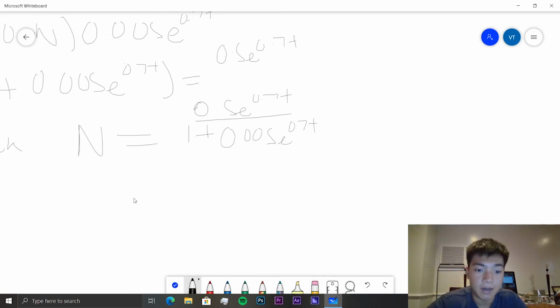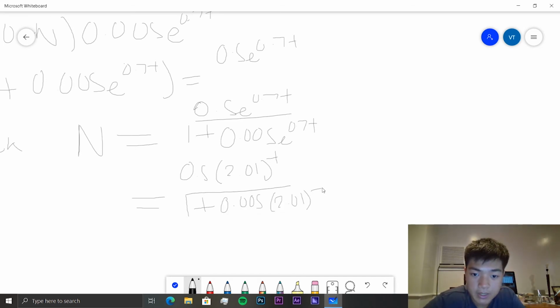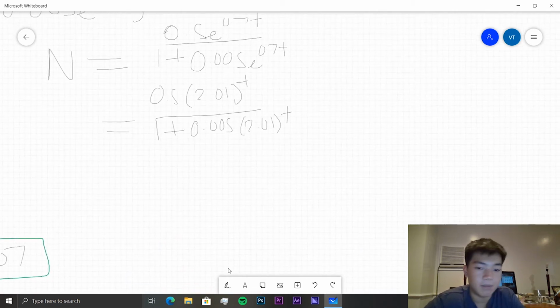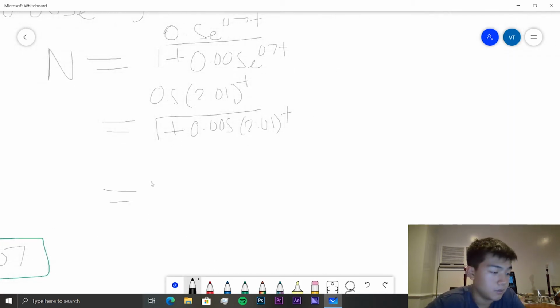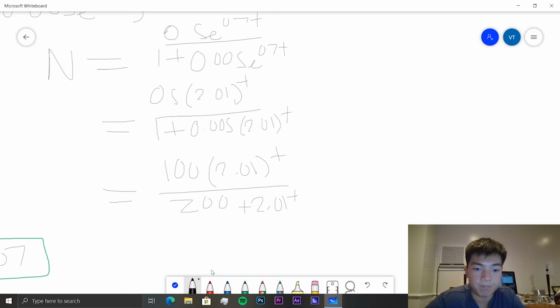So this is actually equal to 0.5 times 2.01 to the t over 1 plus 0.005 times 2.01 to the t, because we can raise e to the 0.7 to the t. And then if we multiply top and bottom by 100, we can simplify this into 100 times 2.01 to the t over 200 plus 2.01 to the t.